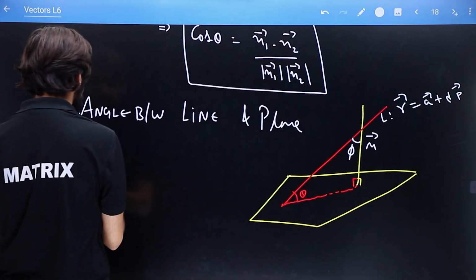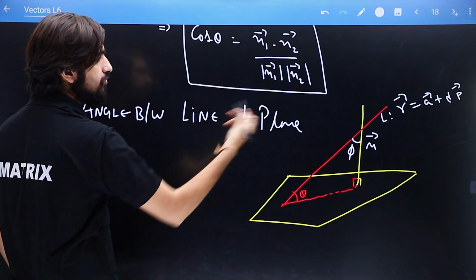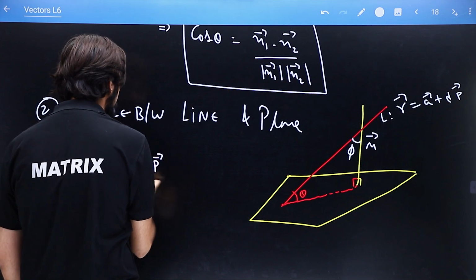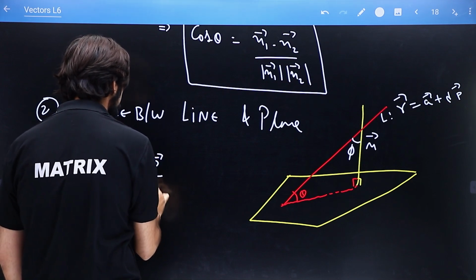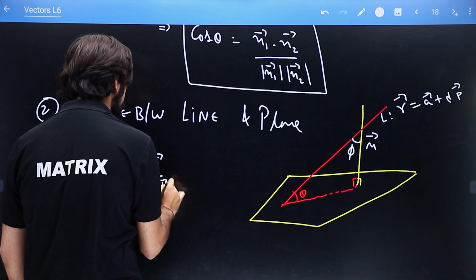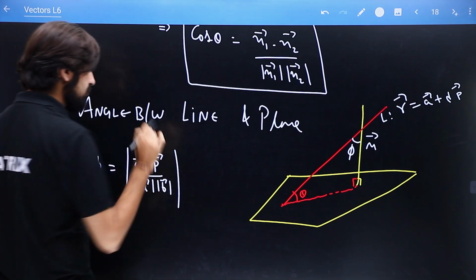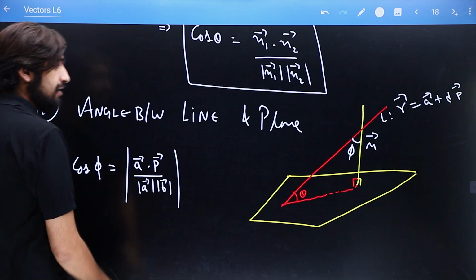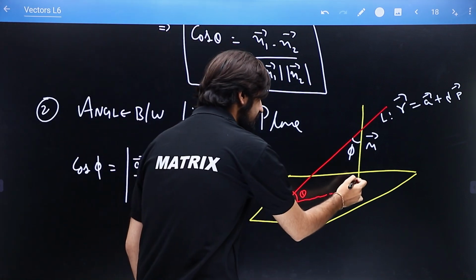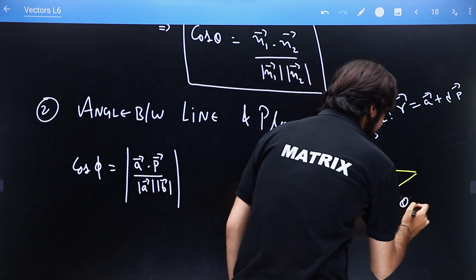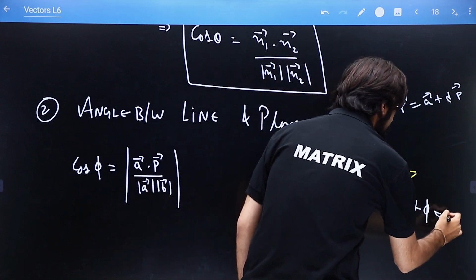So cos phi is equal to, what will be the angle? Vector A dot vector P divided by mod A mod P, because we are talking about the acute angle, so we will take a mod. Now again, you can see that this is a 90 degree angle, this is theta and this is phi, so theta plus phi must be 90 degrees.